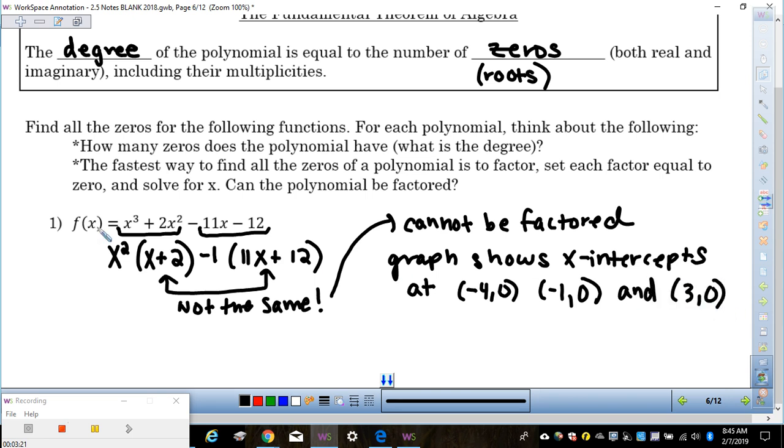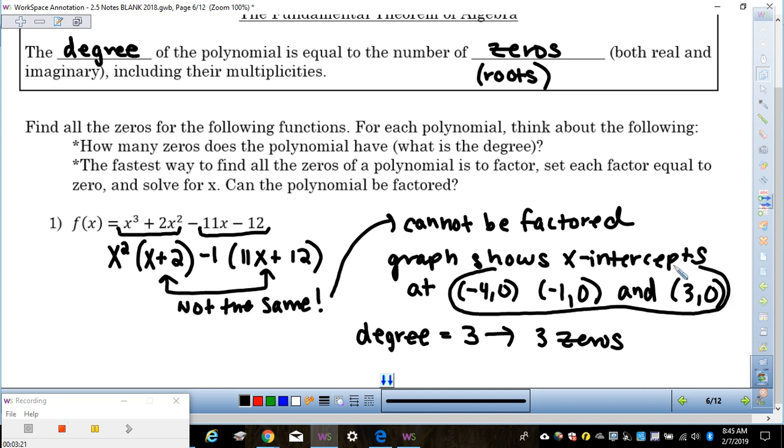And because the degree of the polynomial was 3, it makes sense that we are seeing 3 zeros. And the value of the zeros are where the x-intercepts were, -4, -1, and +3.